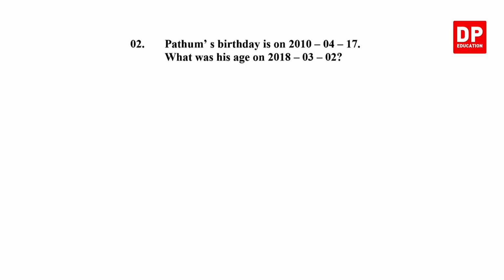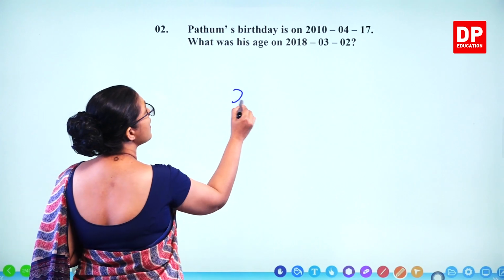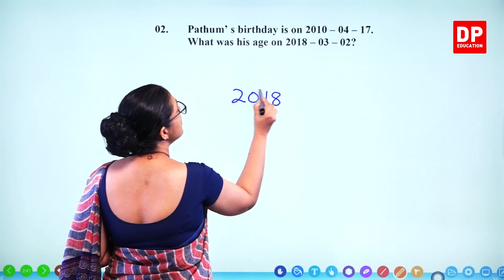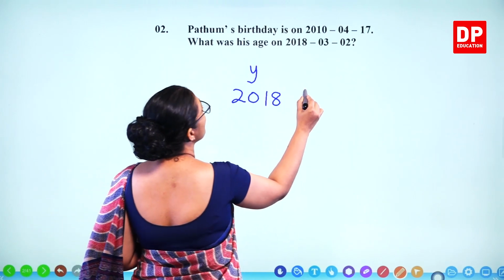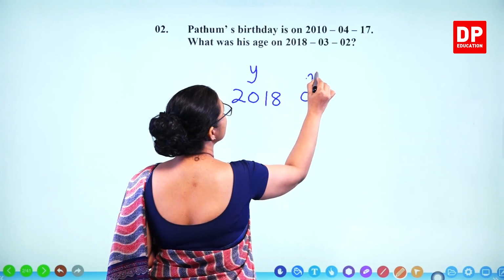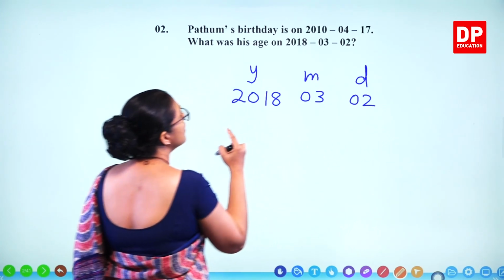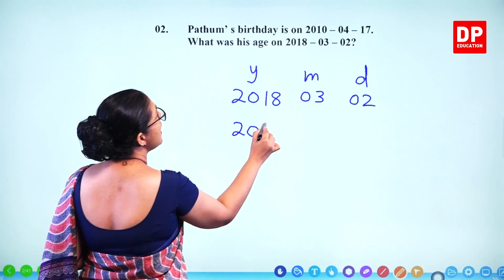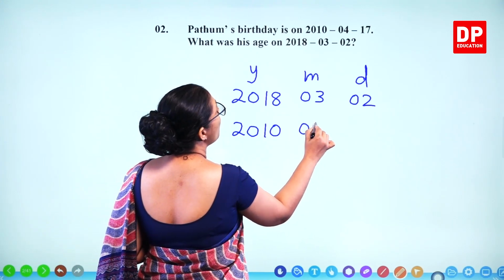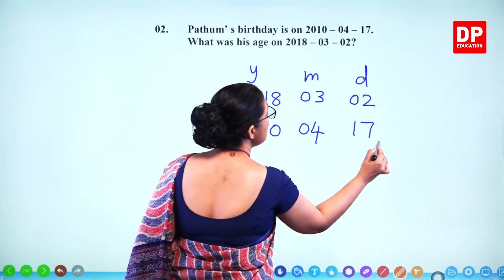Question number 2. Pathum's birthday is on 2010, April 17. What was his age on 2018, March 2nd? So we have to subtract year, month and day. 2018, 3, 2 minus 2010, 4, 17.